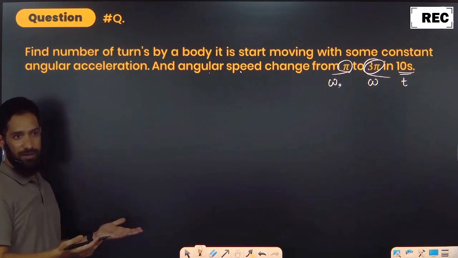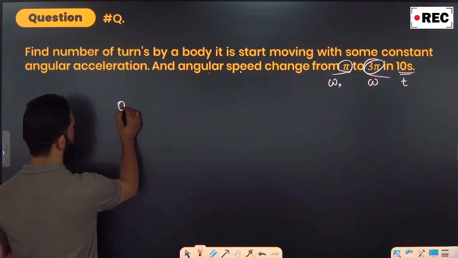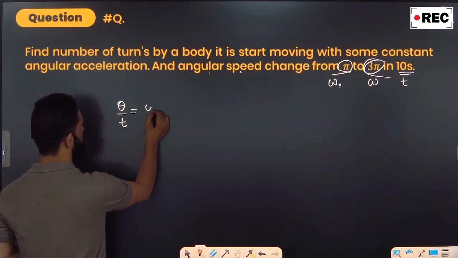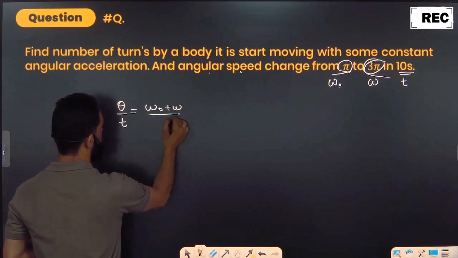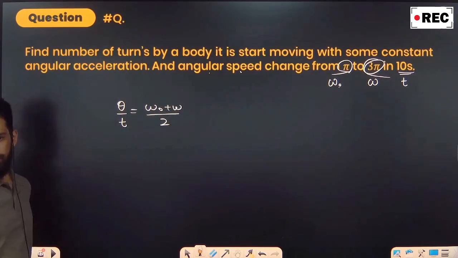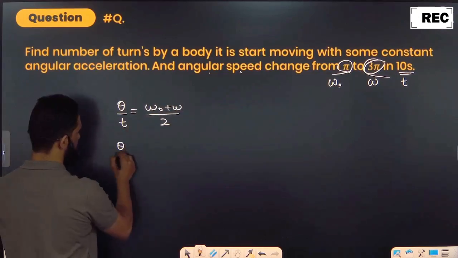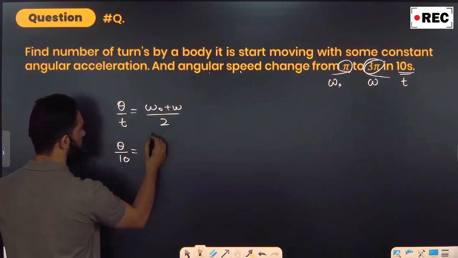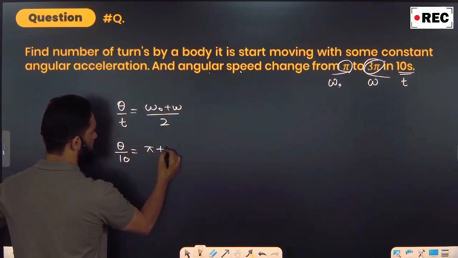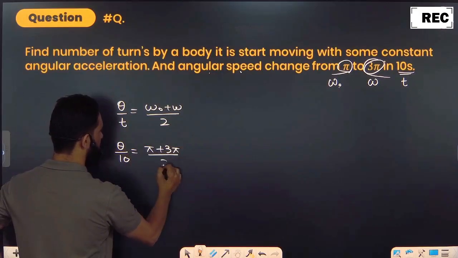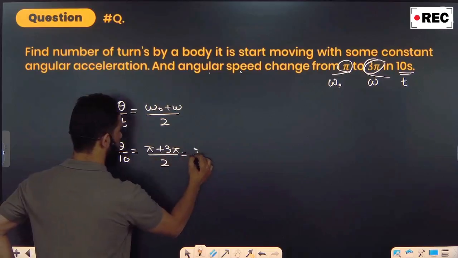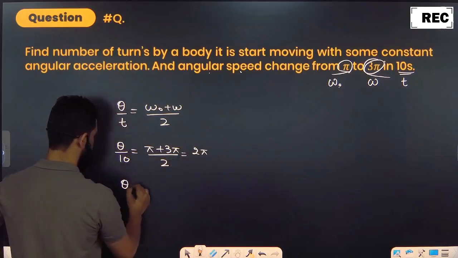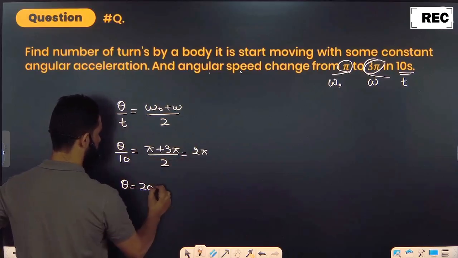I don't know alpha, but without alpha, I can write down total displacement theta by time equals omega naught plus omega by 2. Simple. How much is theta? Divided by 10 seconds. Omega naught is pi plus 3 pi by 2, 4 pi by 2, that is 2 pi. So theta is equal to 10 into 2 pi, 20 pi radians.